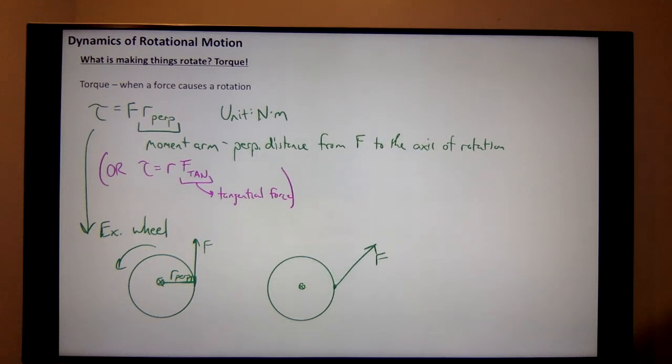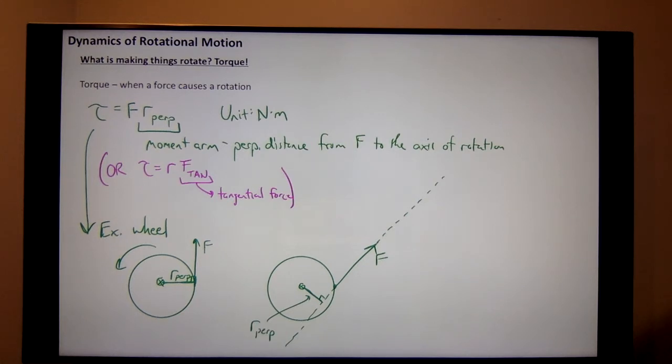So the way we do this is extend the line along which this force is acting out in both directions. So there's a line along which the force acts, and to that line we can find a line from the axis of rotation that's perpendicular, and it lives right here. So in this particular case, that is our R perp.